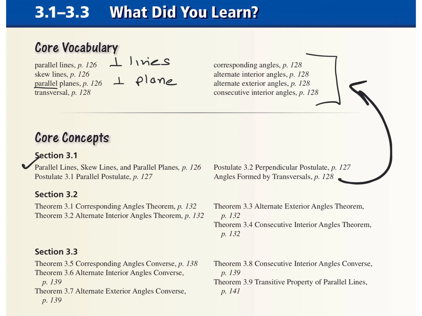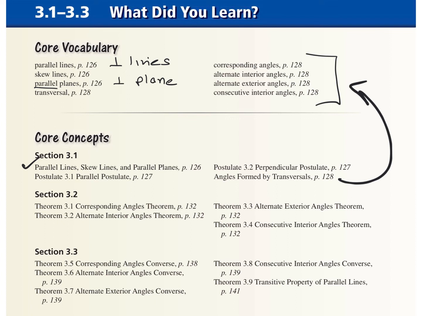Then when we moved to section 3.2, this is where we learned that when we straightened up those lines and made them parallel, then we learned 4 theorems that talked about their measures. So when we had corresponding angles, the corresponding angles theorem told us that if the lines were parallel, corresponding angles were congruent. If the lines were parallel and we had a pair of alternate interior angles, they were congruent.